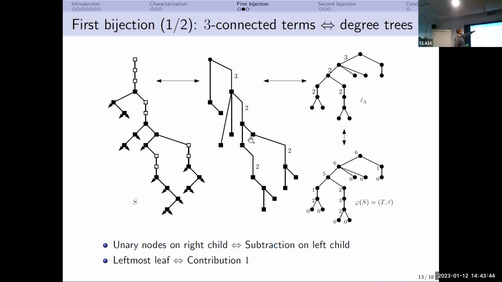The first one is that we smooth out all the unary nodes. So in this case, we get a binary tree on which some of the edges have some labels, okay? And then we perform the usual bijection between planar trees and binary trees.